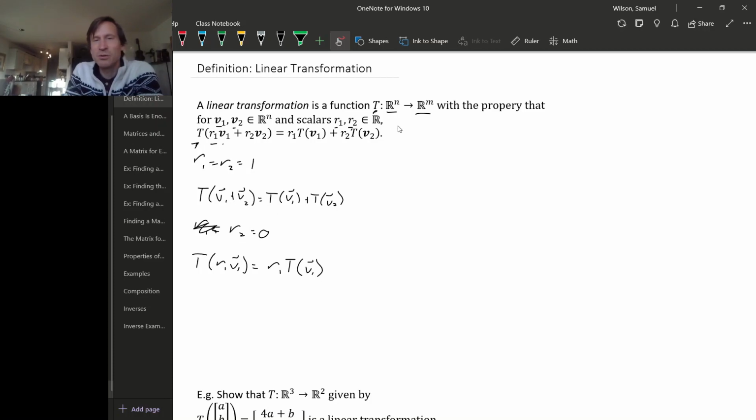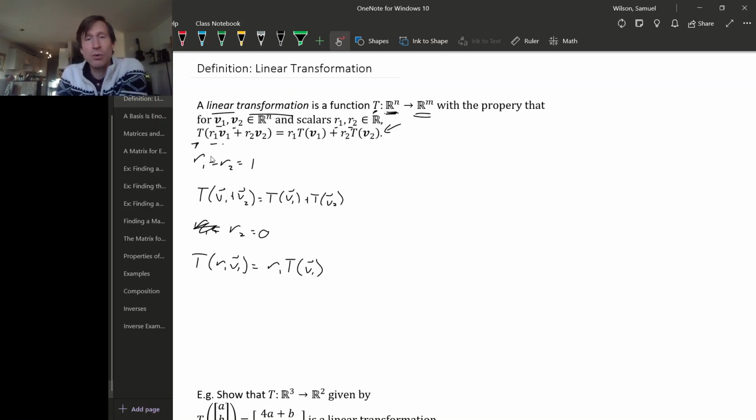So you see this single property is both of those things we noticed about matrix multiplication, packaged together into one statement. So any function from Rn to Rm that satisfies this property, we will call a linear transformation. Really these are linear vector functions, but we'll call them linear transformations because that's what everybody else does.